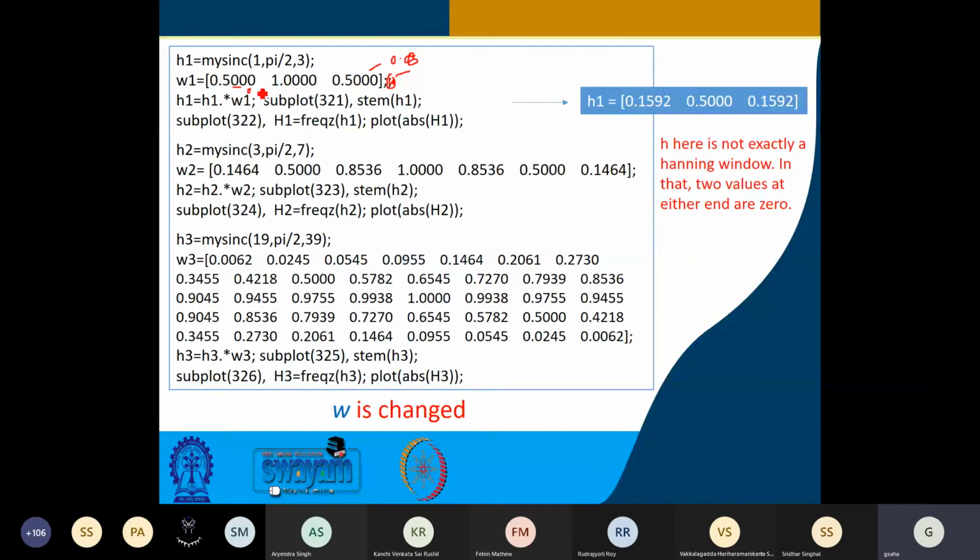But here you see 0.5 and 0.5. We shall see the Hanning equation. This equation is relatively easy to implement, better looking and all. We shall see later.